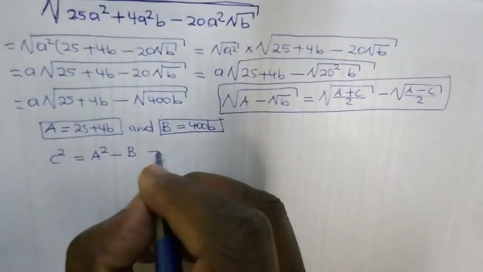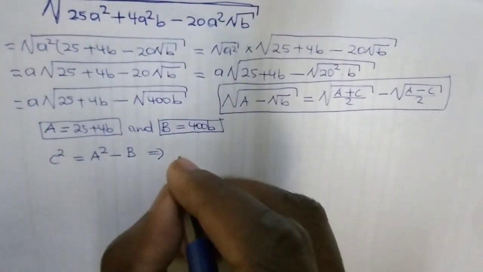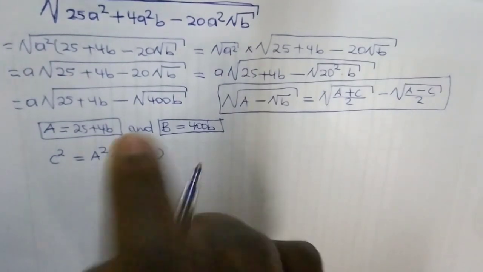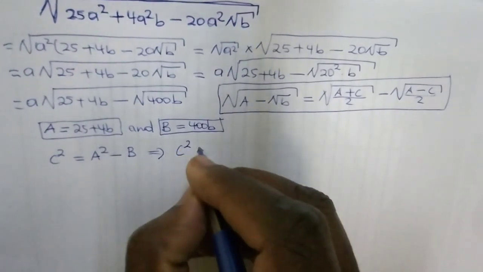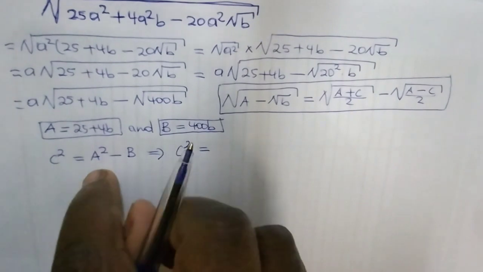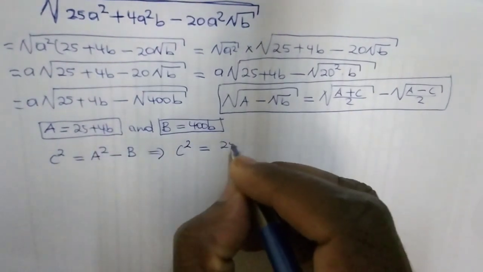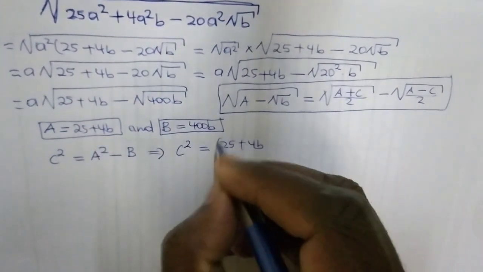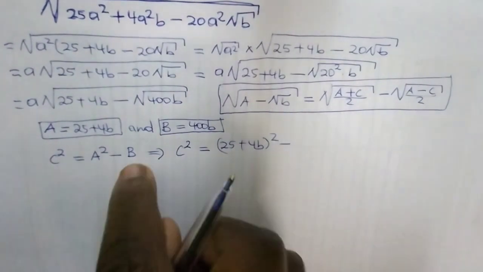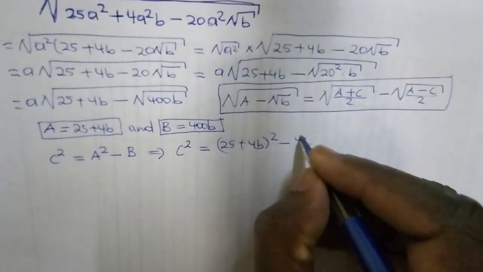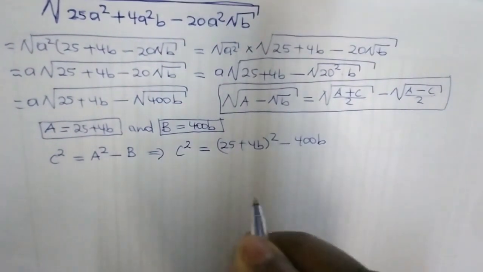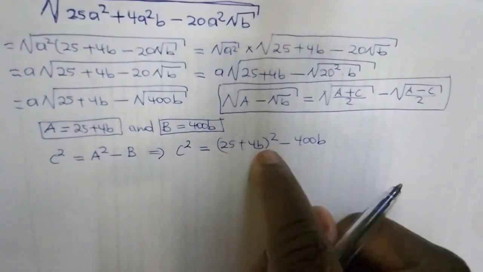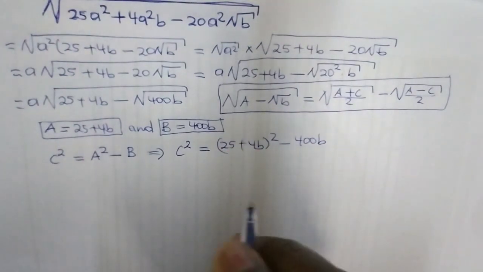Then now I'm going to replace a by its value and b by its value, so I'm going to have c squared equals a, which is 25 plus 4b, raised to the power of 2, minus b, which is 400 small b. Then I'm going to develop the bracket here.